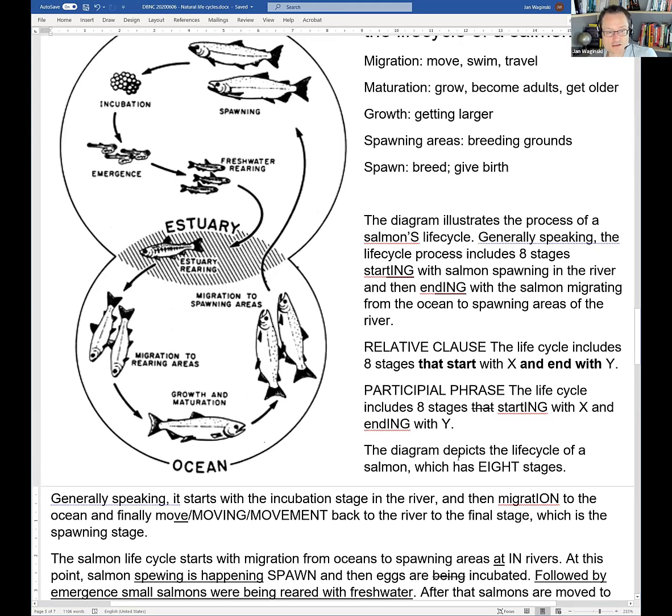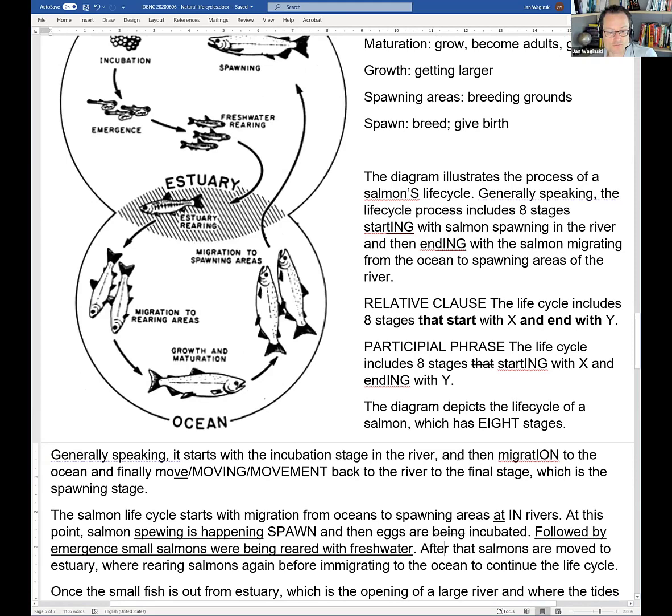I think the incubation happens after they spawn, according to this diagram, because it's a separate stage. Salmon spawn first, and then eggs are incubated. Okay, followed by emergence.